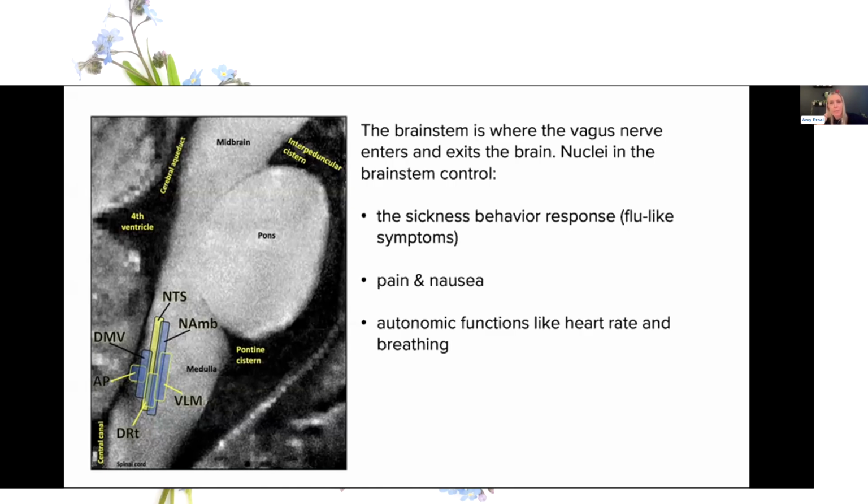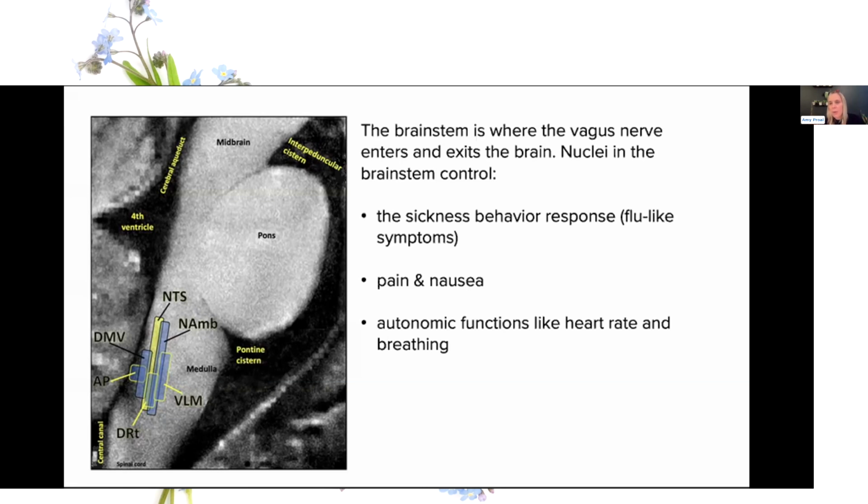This is the back of the brain on the slide. Like the nucleus of the solitary tract or the nucleus ambiguus. These are nerve bodies in the brainstem, and they control what's called the sickness behavior response, which is basically what happens when your body is trying to help you understand that you're sick.